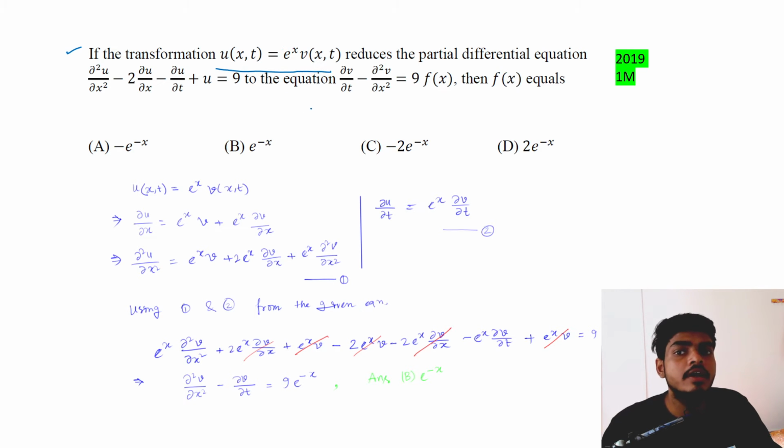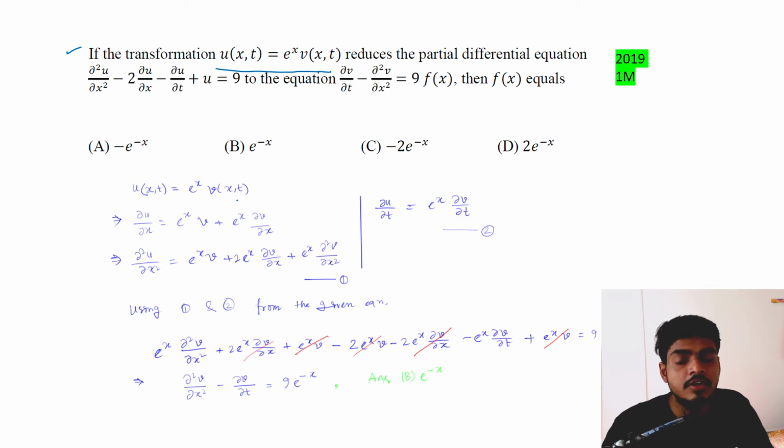What you have to do here is find d2u by dx2, du by dx and du by dt. u is given here, so you find du by dx by simply the chain rule, first differentiation, then second differentiation with respect to x. Be careful, here I am differentiating with respect to x. u is a function of both x and t, dependent on v(x,t).